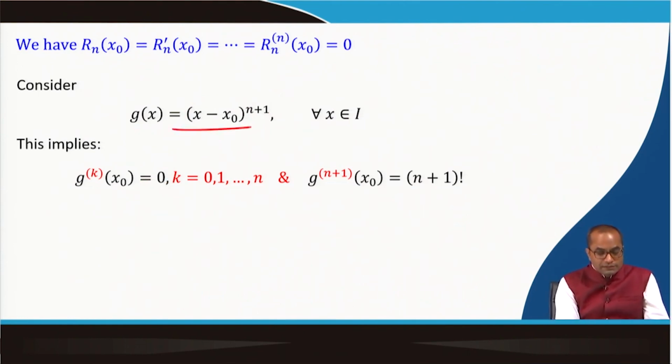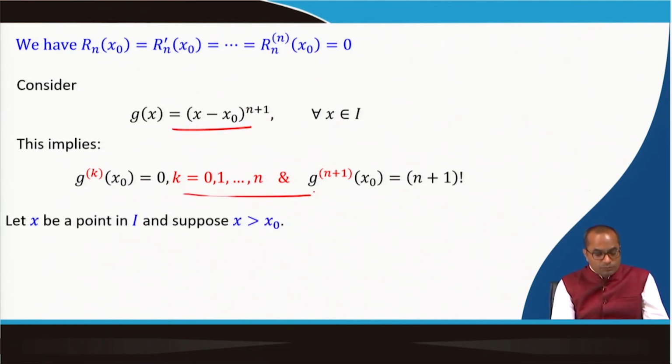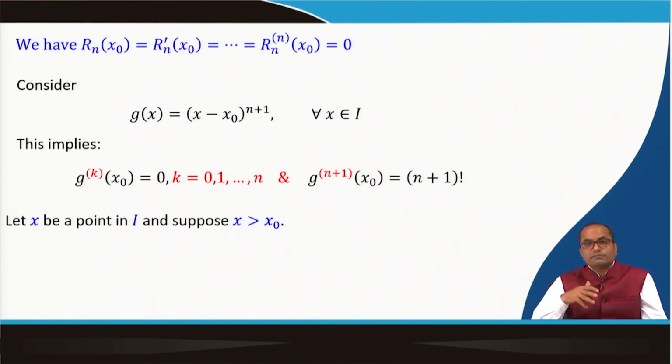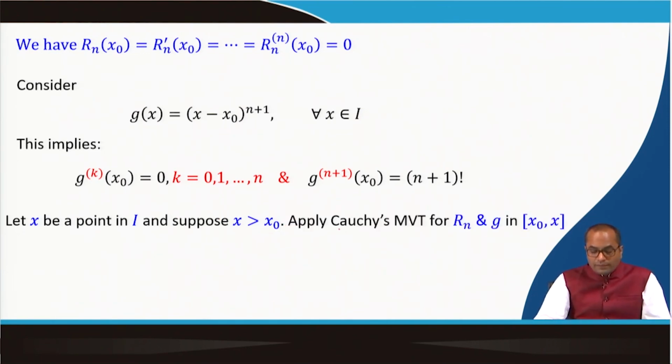So considering this function and these properties, let's consider x any point in the interval I, and just for the sake of convenience, we take either x bigger than x naught or x smaller than x naught. Let's consider that the point x which we have picked is bigger than x naught. And now we apply the Cauchy mean value theorem. Here we have a nice application of the Cauchy mean value theorem to find out this error or the remainder term.